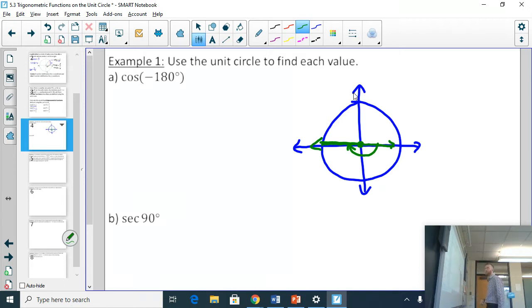Let me actually extend it a little bit. So take an angle here, and we're rotating it out. It's going that way. So that's our negative 180 degrees.